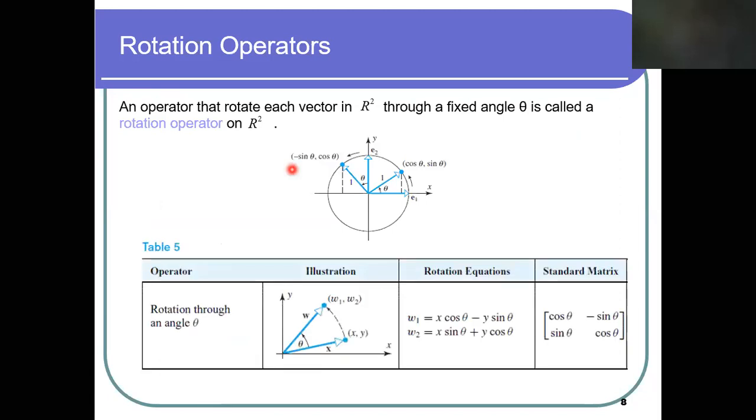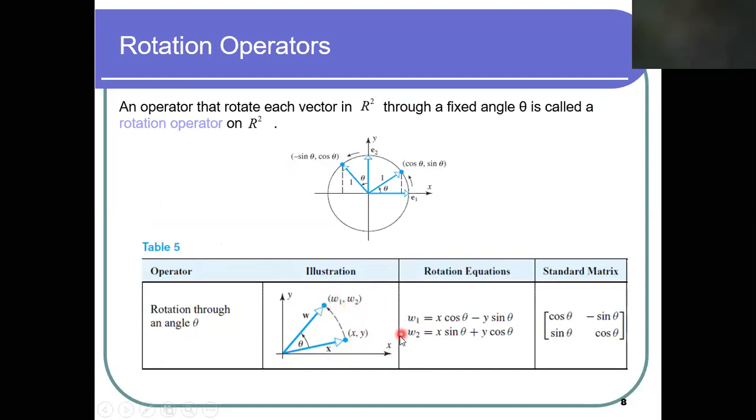So these are again some fundamental linear transformations, which consist of rotation. If you look over here, rotation through angle theta. This is x and this is xy. After transformation, that will become w1 and w2.